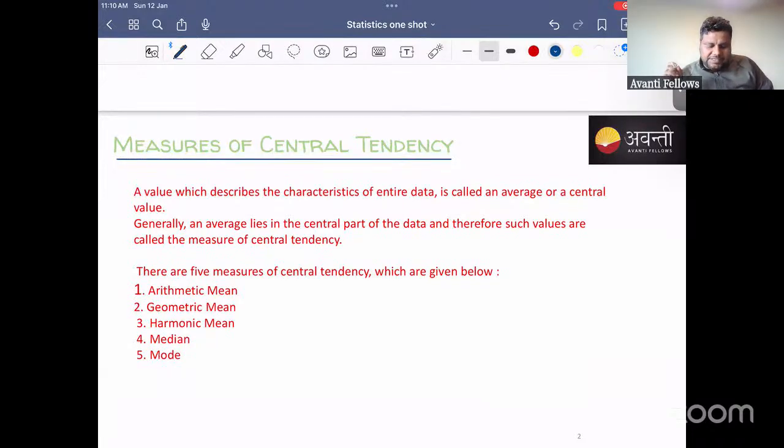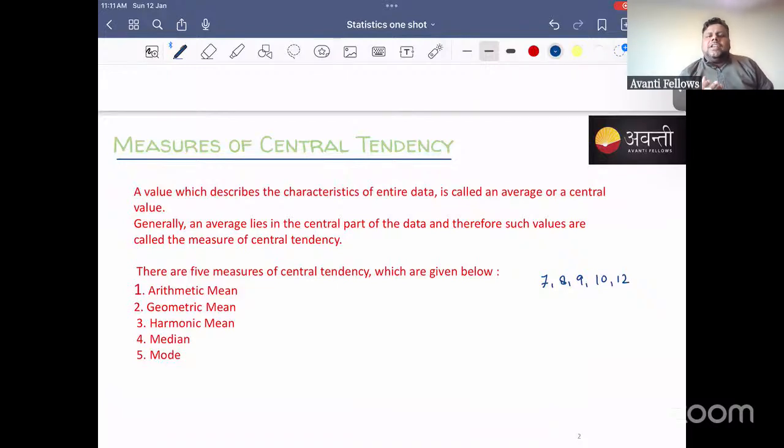Measure of central tendency. This is a value that describes the characteristic of the entire data. Getting my point? Like if you take the scores of a batsman in 5 matches, say 7, 8, 9, 10 and 12.